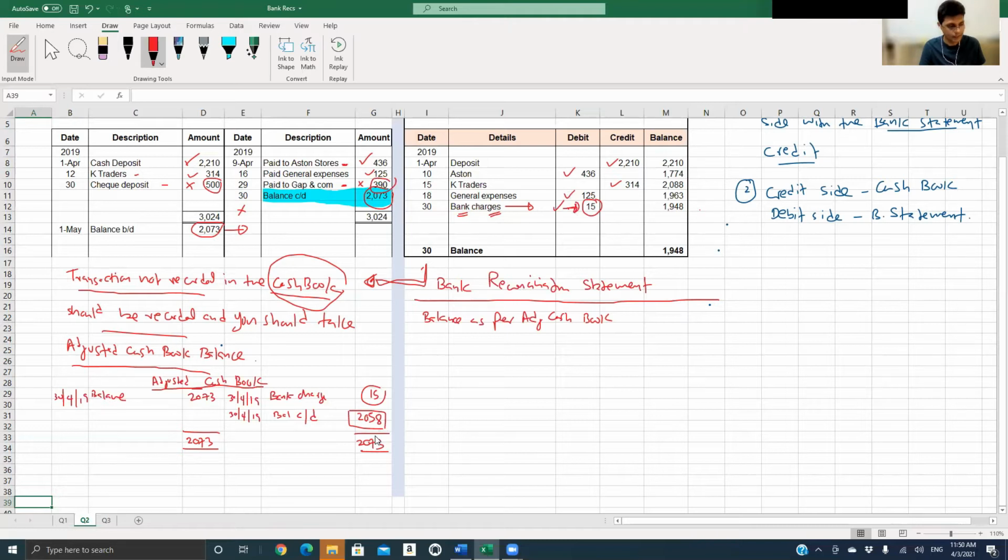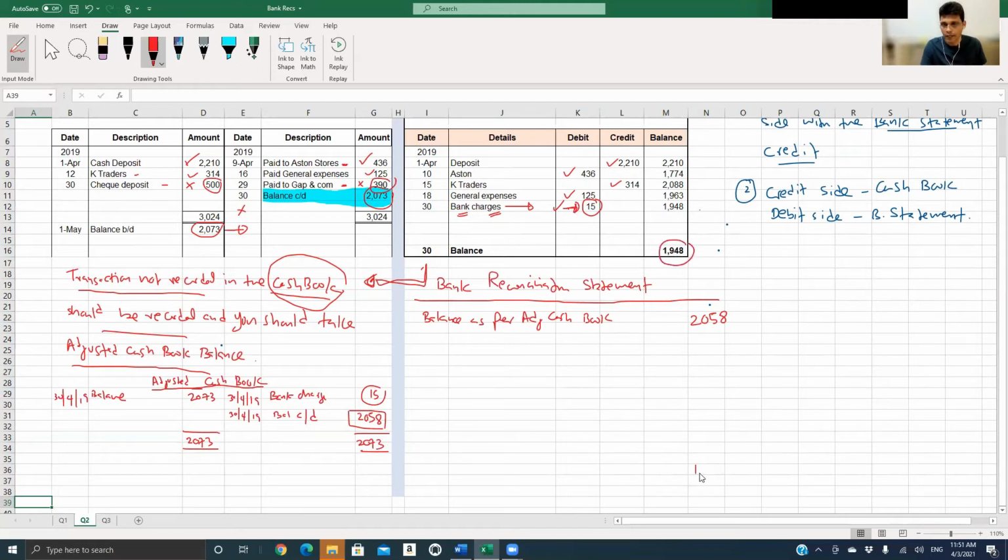Are you all with me? Yes. Okay. So what is the adjusted cash book balance? 2058. Yeah, 2058. Yes, good. Okay. Now we should arrive at which balance? This balance, right?